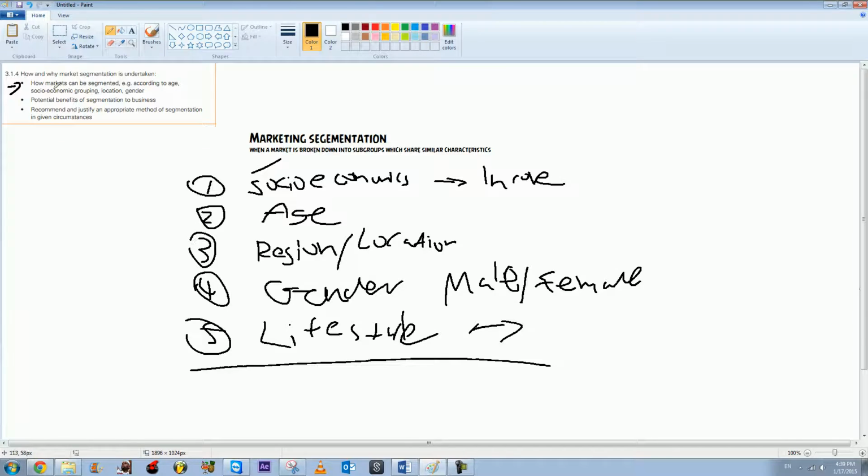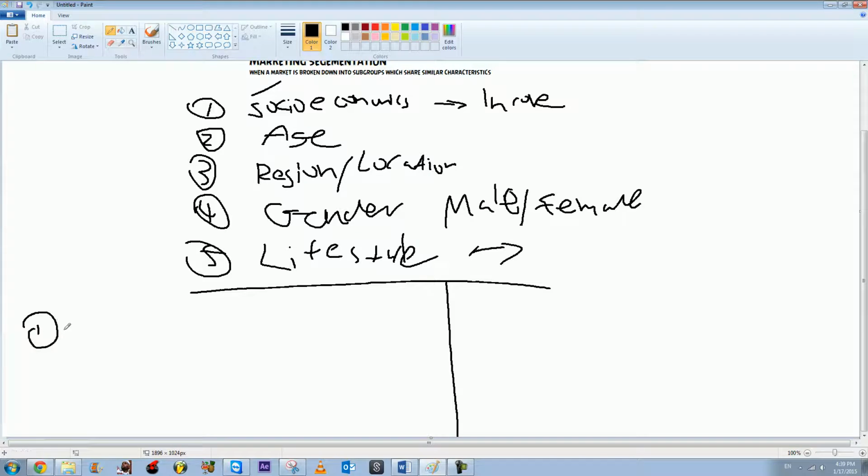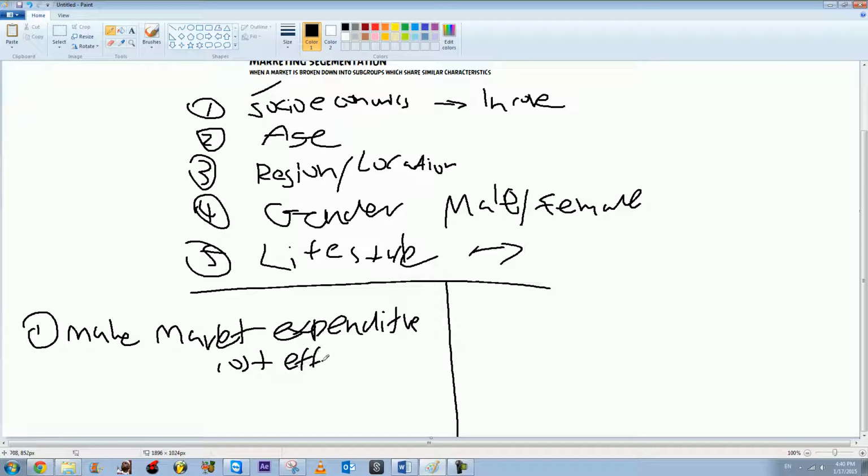Okay, so I've done this. Potential benefits of segmentation to business. Number one, you make marketing expenditure cost effective. This means producing a product which closely meets the needs of customers and only targeting marketing efforts on this particular segment and nothing else.